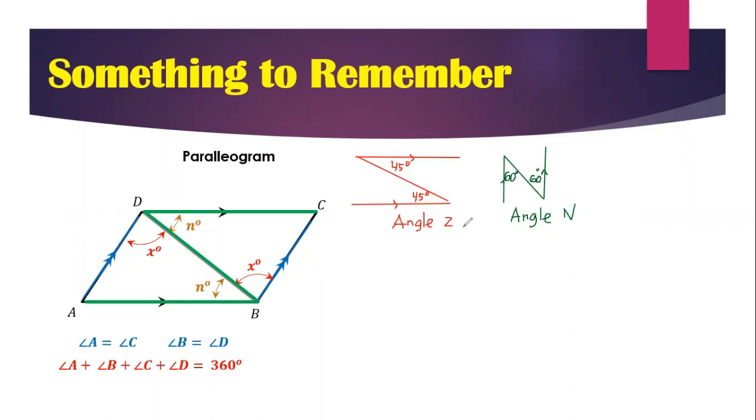That's the concept of the parallelogram. We call these properties of the parallelogram. When it follows the angle Z or the angle N, we'll find the angles will be equal: 45 degrees equal to 45 degrees here, 60 degrees equal to 60 degrees. That's the characteristic of the parallelogram.